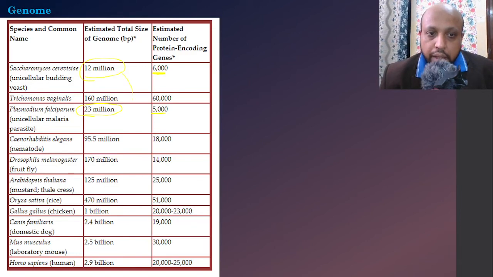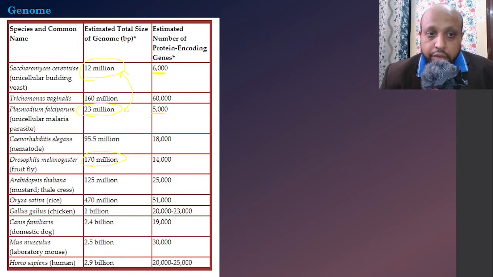Now if you compare these, even in this diagram itself, you find that even with a genome size of approximately twice, the gene number is not increasing. That's what you observe. If you go to Drosophila melanogaster, one of the very popular model organisms in molecular biology and genetics, it has 170 million bases.